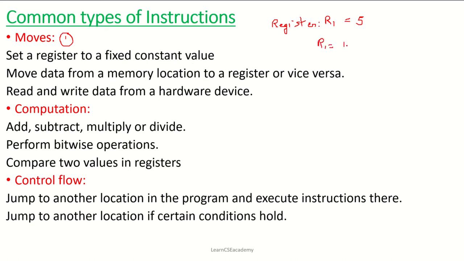Let's suppose we have a memory with a location 100, and the value stored at this location is 5. We give the address of the location, and the value at that location will be imported into the register. We can also read and write data from a hardware device.